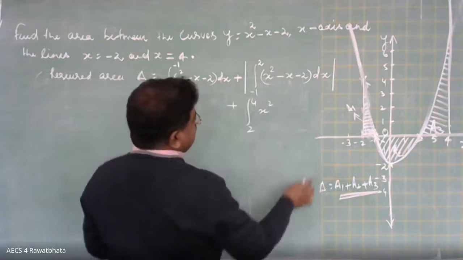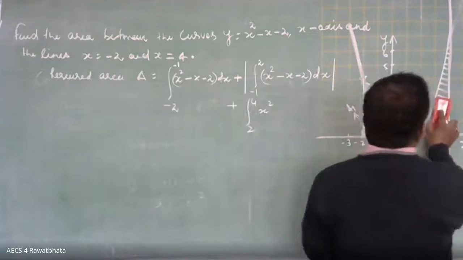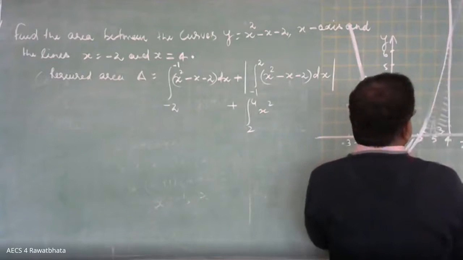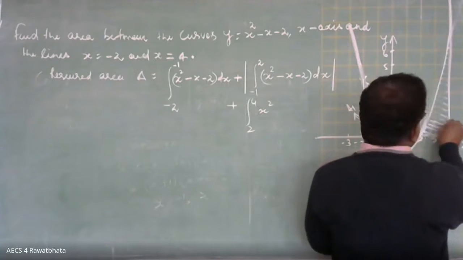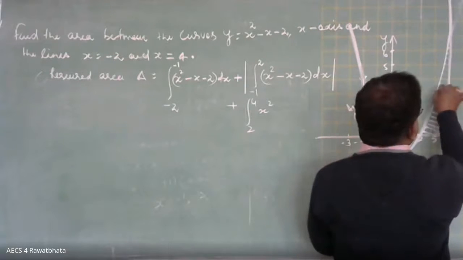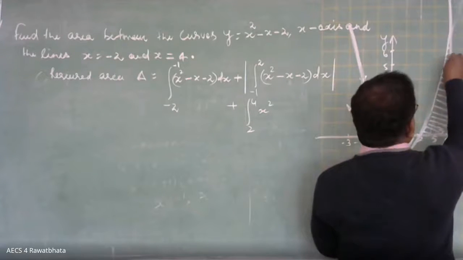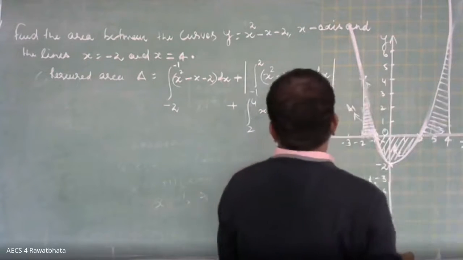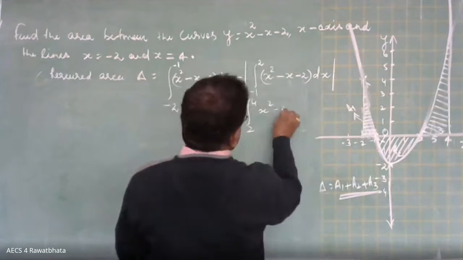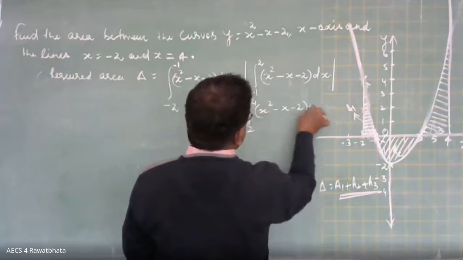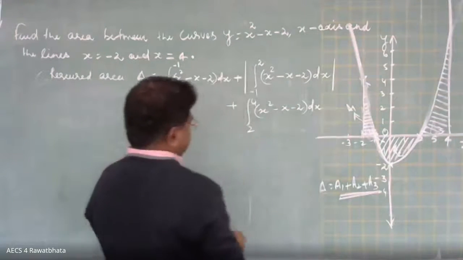This is above the x-axis, the A3 portion, so a positive sign can be given. x squared minus x minus 2 dx.